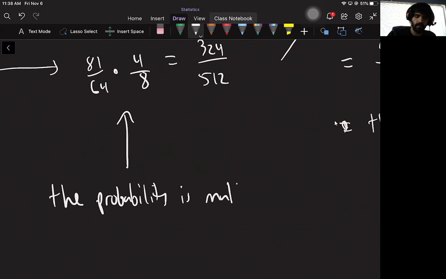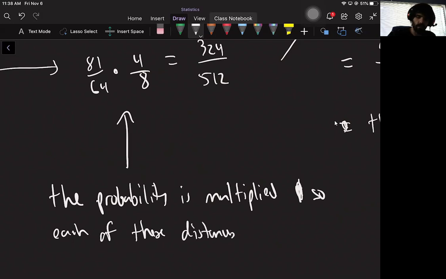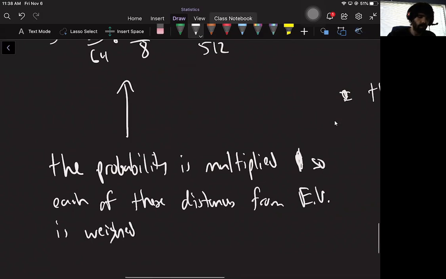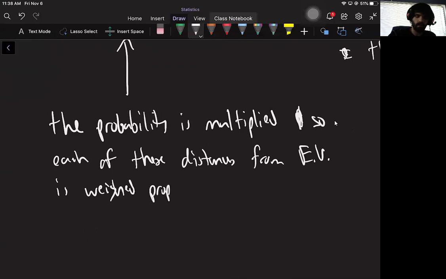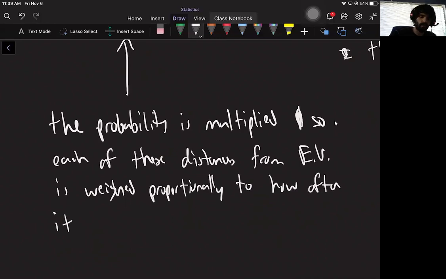Each of these distances from the expected value is weighted proportionally to how often it would appear if it came from data.